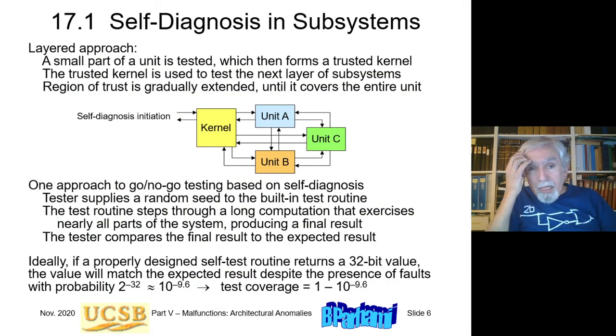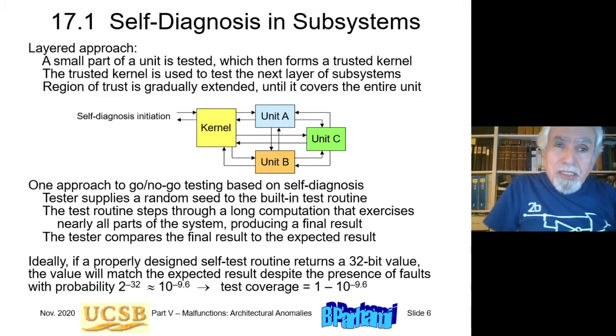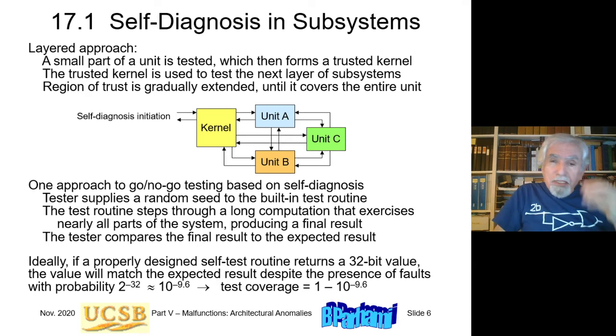Okay, one of the ways in which we can diagnose malfunctions is through self-diagnosis. Because we are talking about units that have rather significant functionality. If you talk about processors, memories, nowadays, memories have memory controllers that are pretty intelligent. They're almost like a full-blown processor.